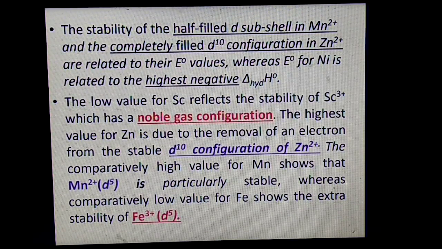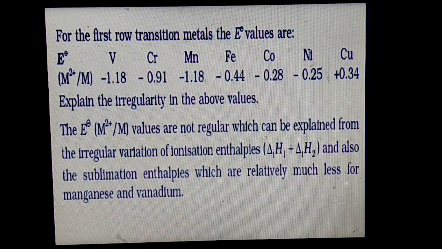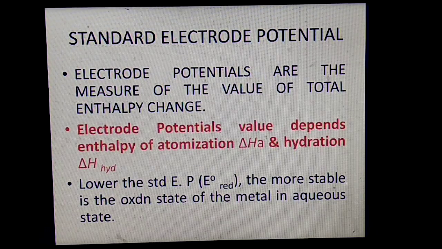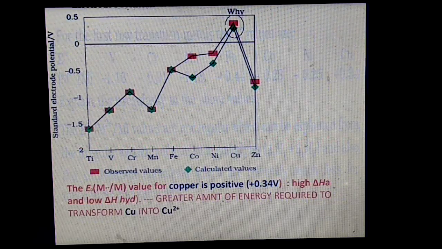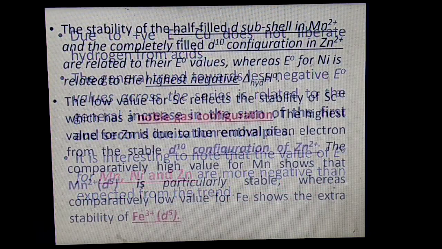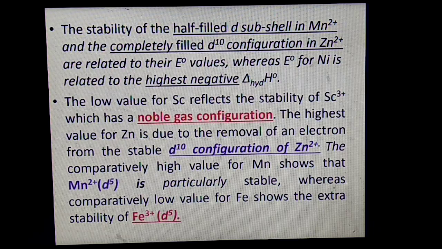Next we have discussed the standard electrode potential. Very important things. Many questions come from the standard electrode potential and the half-filled and fully filled orbitals, d5, d10 configurations, that is Mn2 plus d5 and Zn2 plus d10, very stable configurations, and this is related to their E0 values.